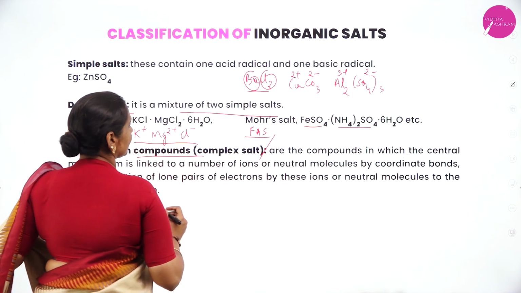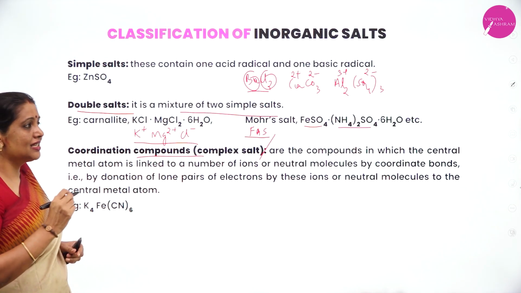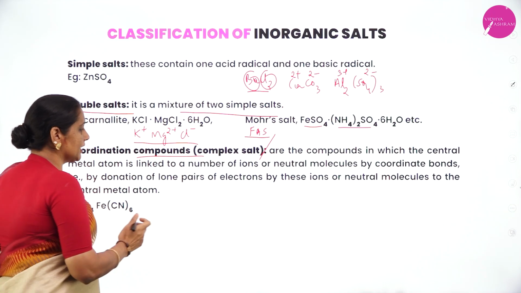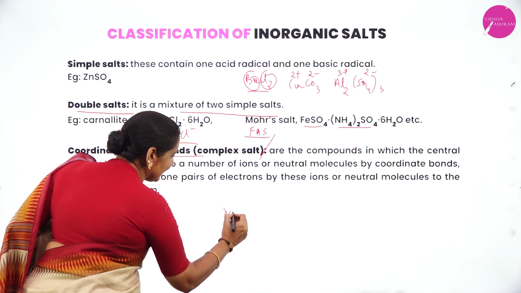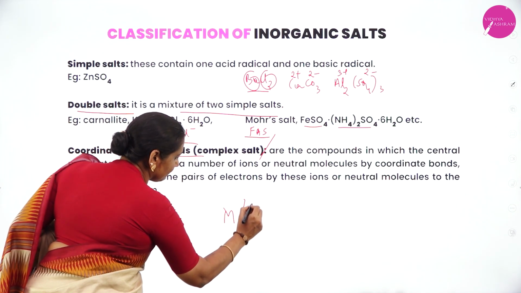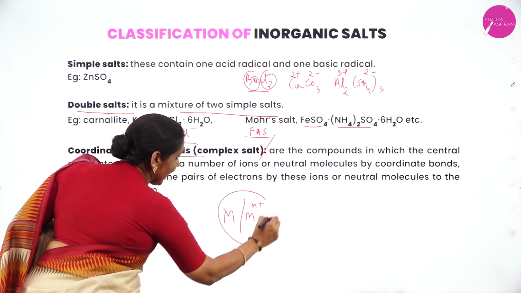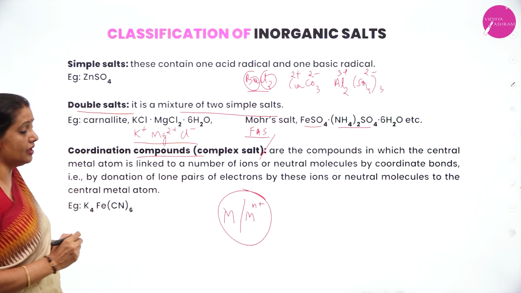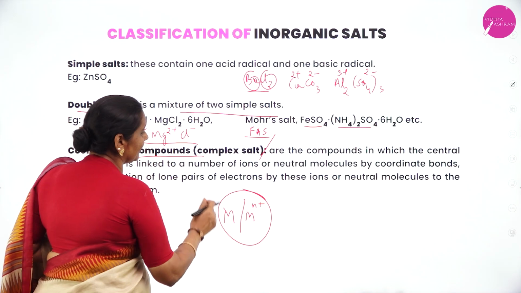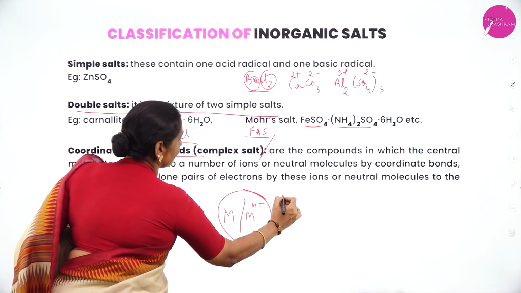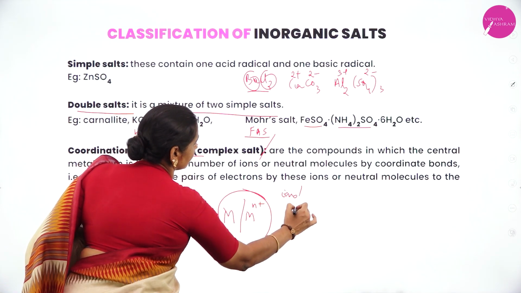Next, the third type, they are called as coordination compounds as well as complex salt. So what are coordination compounds or complex salts? These coordination compounds contain a metal atom or metal ion at the center. This metal atom or metal ion at the center is surrounded by ions or molecules.